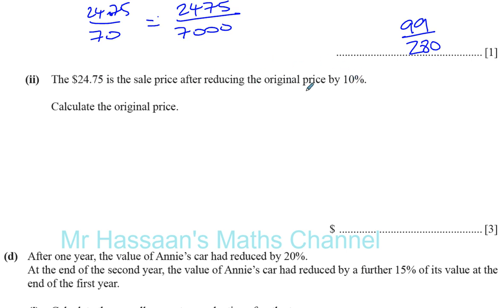So again, I reiterate, do not make the classic mistake that many students make, where they think, I've got to take 10% of this and add it to this. No. The 10% that was reduced is not 10% of this, but 10% of the original price. 10% of the original price is a different amount than 10% of the 24.75. If you increase this by 10%, it won't be the same number as reducing the original price by 10%, because they're different values.